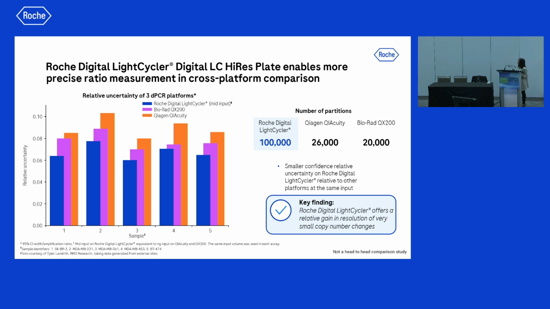And again, we're only looking at the more challenging input, which is the mid input, the 20 nanogram input here. What we'd like to highlight from this is that there is a gain in resolution when you're using the Roche Digital LightCycler system, because we have a consumable that's particularly tailored to this kind of application with copy number variation.